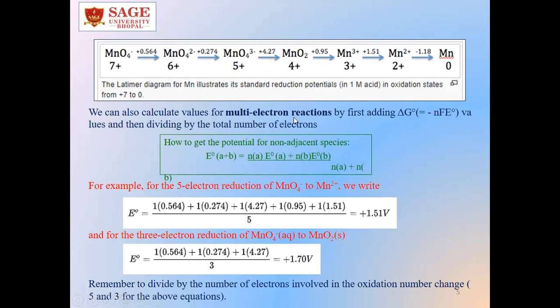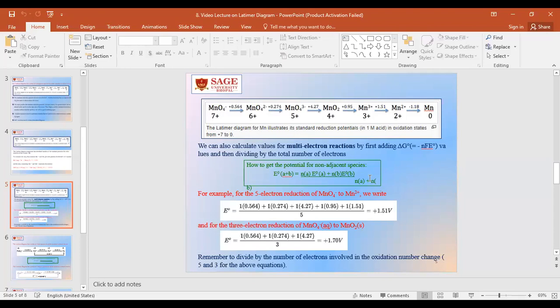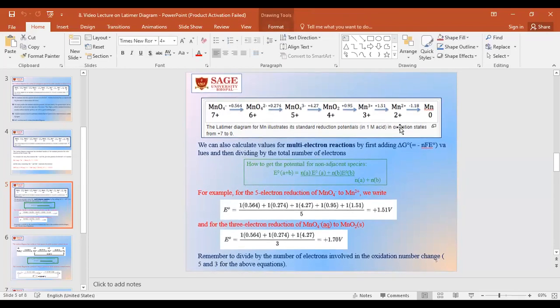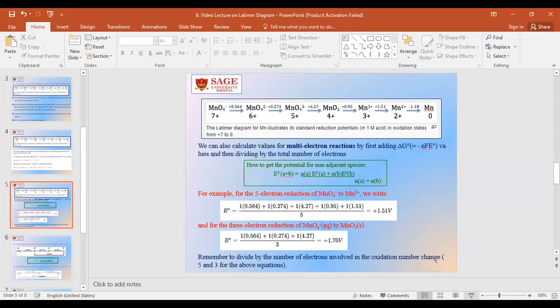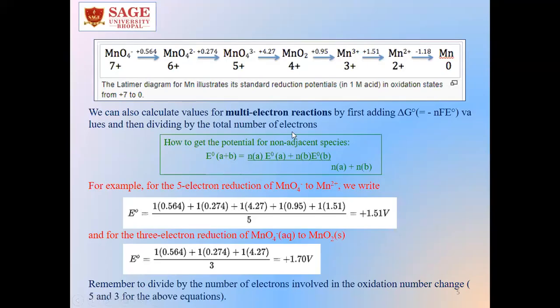Now comes the calculation part. We can also calculate values for multi-electron reactions by first adding the delta G0 values, where delta G0 is minus nFE0, and then dividing by the total number of electrons. To get the potential for non-adjacent species, we use E0(A+B) equals nA E0A plus nB E0B, divided by nA plus nB.